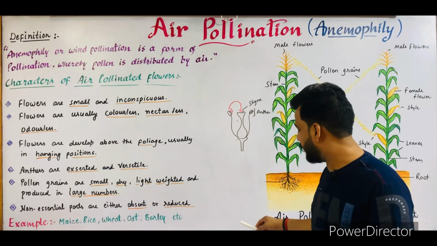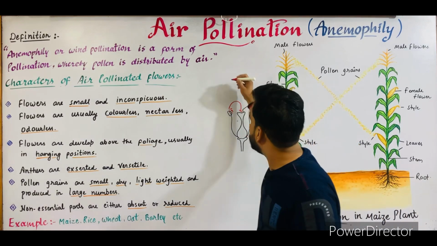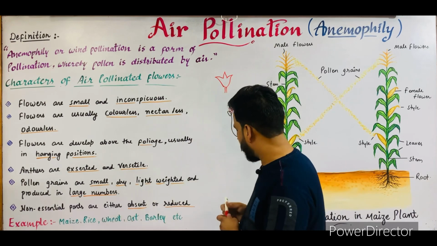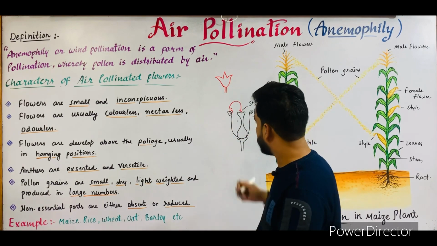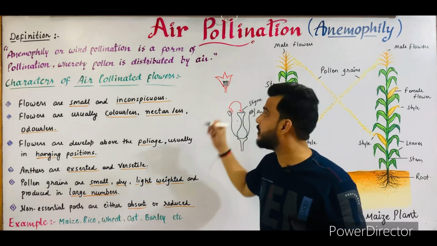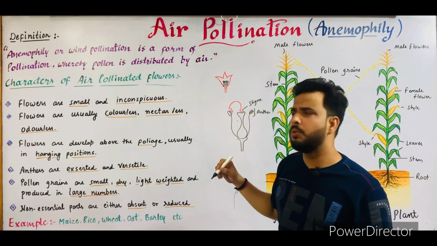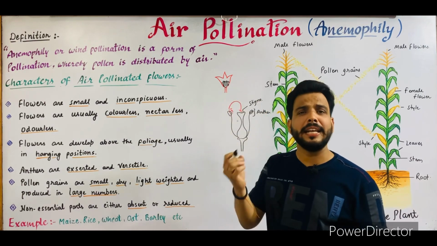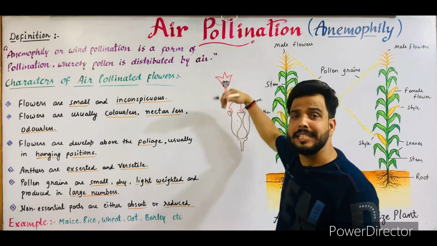Now what is the meaning of this? Suppose that this is a flower and the flower consists of anthers. Suppose that anthers are very small and present inside the corolla tube, so the possibility of getting air is very less because they are inserted.